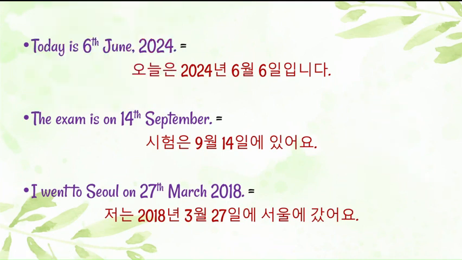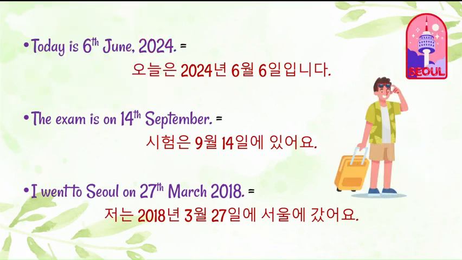Next example is I went to Seoul on 27th March 2018. So in Korean it is going to be 저는 2018년 3월 27일에 서울에 갔어요. Okay, so I is 저는. 27th March 2018 is 2018년 3월 27일. And 에 again denotes the specific time at which an action occurs.